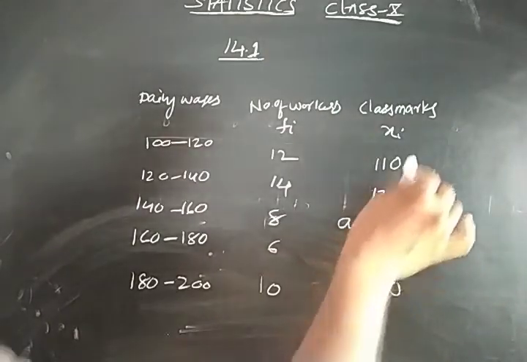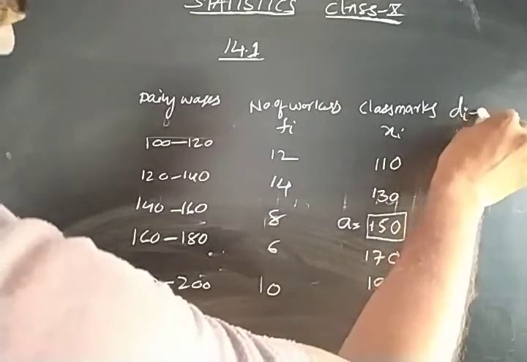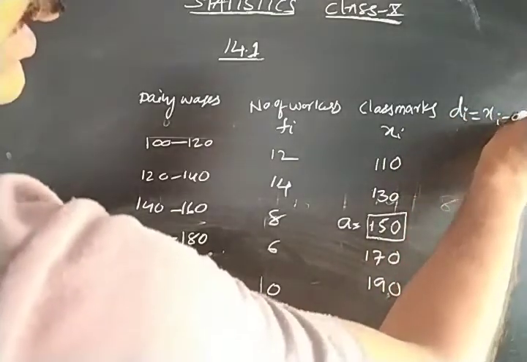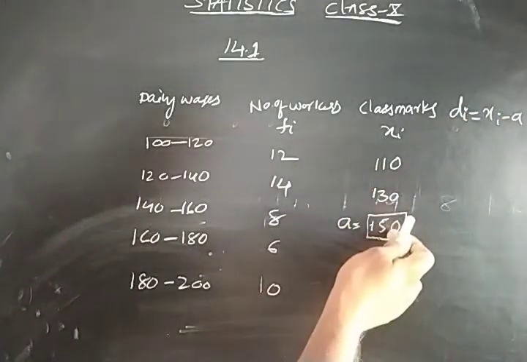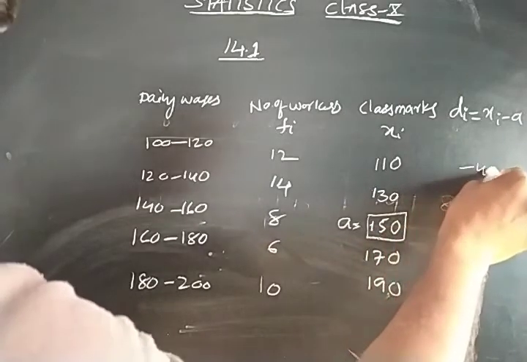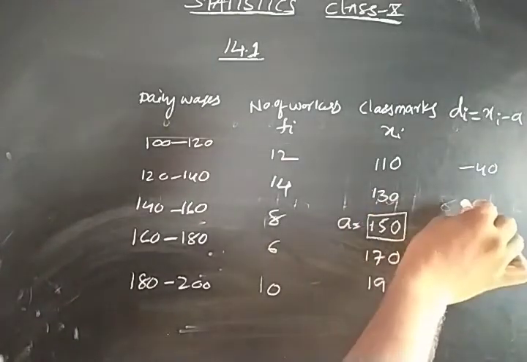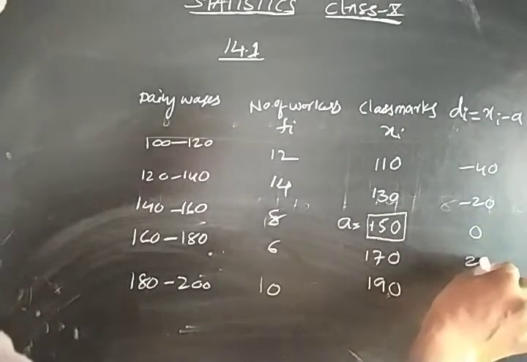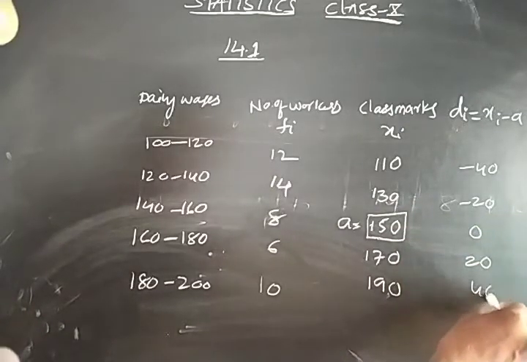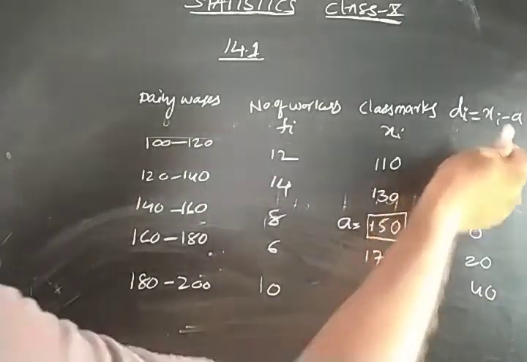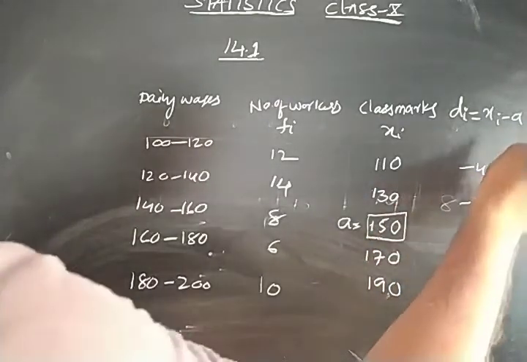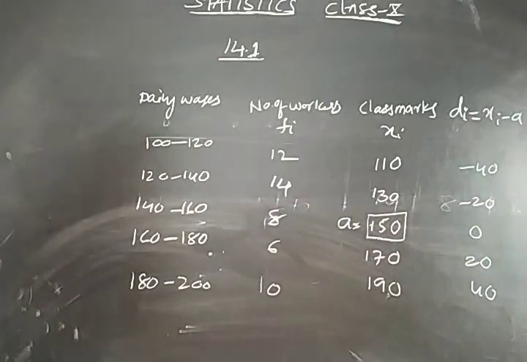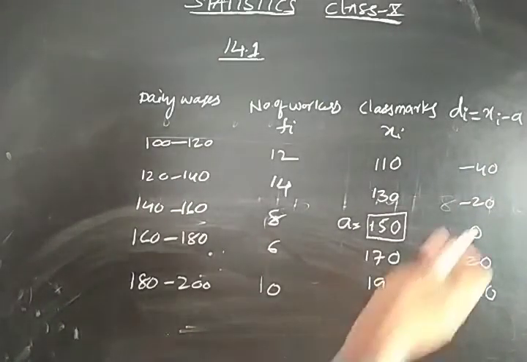Now I will find Di, the deviations. How to find? From Xi subtract A. 110 minus 150 gives minus 40. 130 minus 150, minus 20. 150 minus 150, 0. 170 minus 150, 20. 190 minus 150, 40. Next, the Di values are also somewhat large, so I am using h, which is a multiple of the Di values, 20.